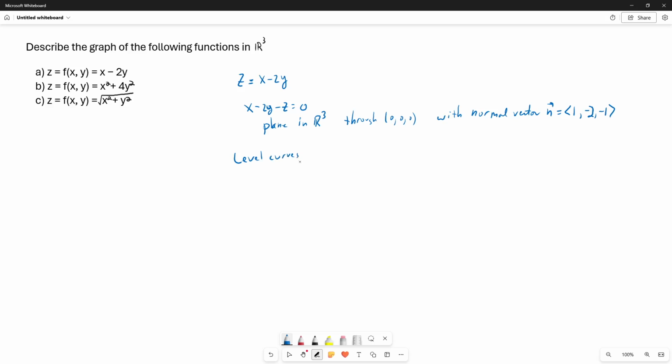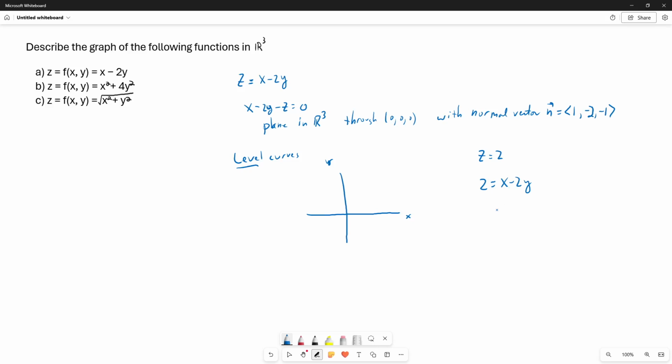Level curves are drawn in the xy plane, and each level curve corresponds to a various height or level of the surface in question. So we pick a particular value for z, like maybe z equals 2, and then we substitute that in, and we get 2 equals x minus 2y, and this is a line in the xy plane.